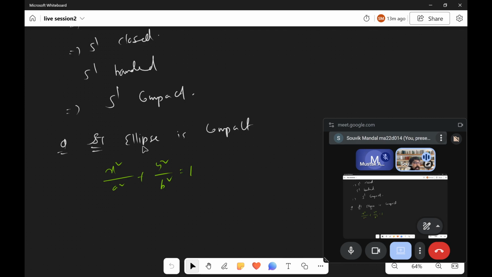However, there is another way. Another trick is to construct a map from the circle to the ellipse. Please try to figure out the map by yourself. Take your time, let me know.